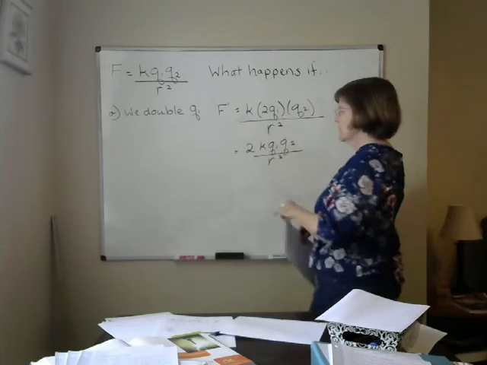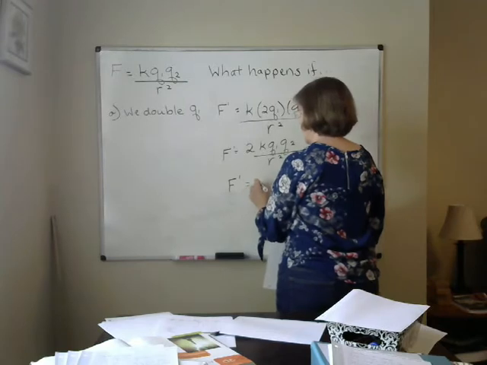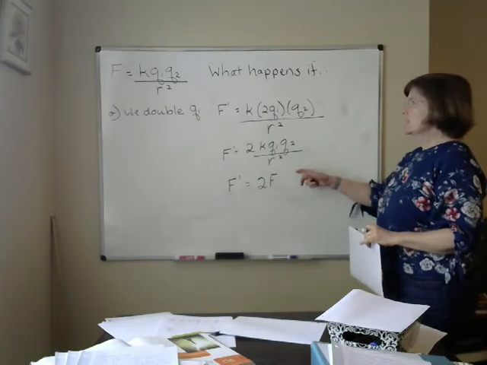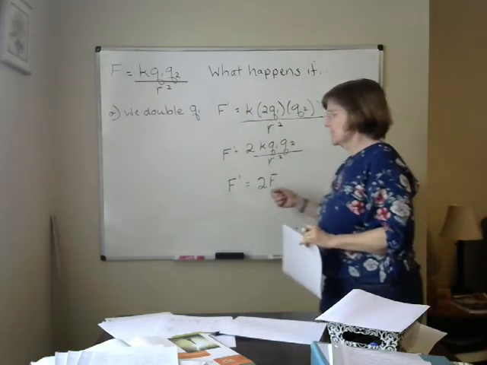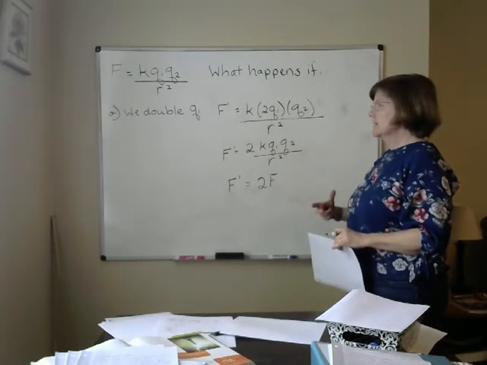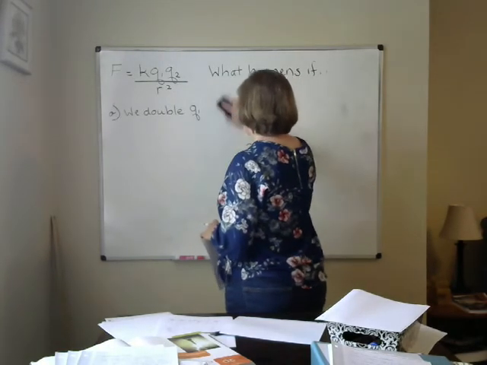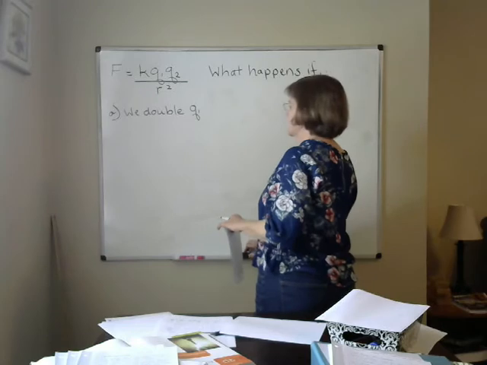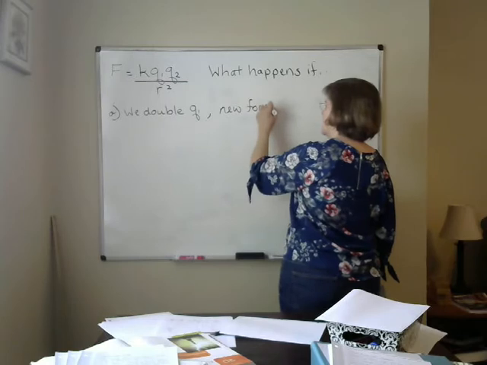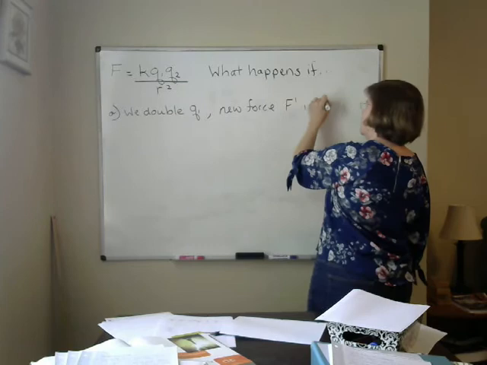This force, F prime, is exactly 2 times the force we had to begin with. If the only thing I do is double this number, my force is going to get twice as big as it used to be. Okay, that makes sense. So if we double Q1, the new force, which I'm going to call F prime, is twice the original.